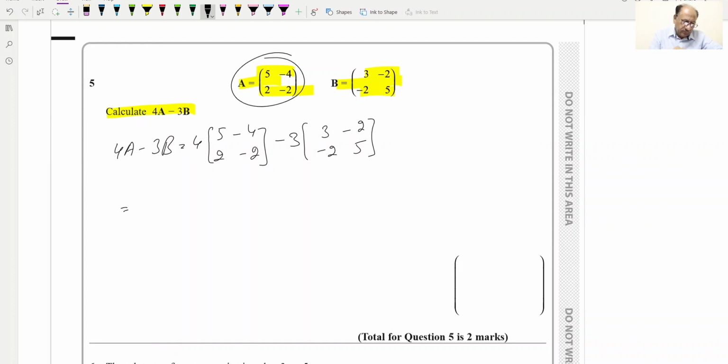Further we can multiply inside, so it will be 20 and 8. 4 into 5 will be 20, and similarly minus 16 and minus 8, this will be 4A matrix, and minus 3 we will multiply inside, so it will be 9, minus 6 and 15, and now we can subtract.